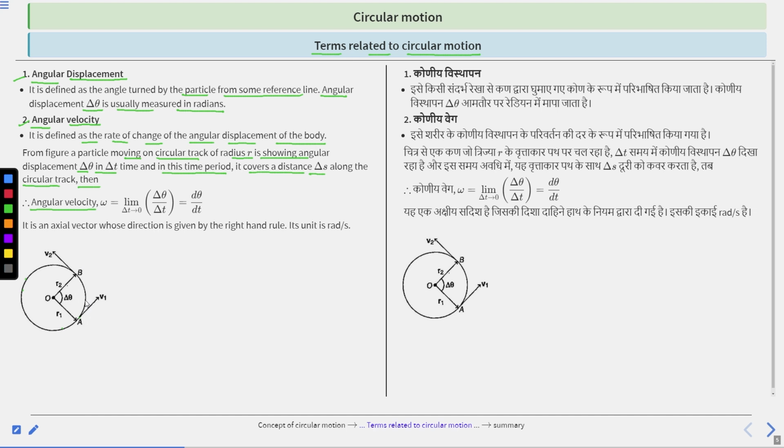Clear? And delta s is the distance. Clear? It is an axial vector whose direction is given by right hand rule and its unit is radian per second. Clear? So these are the terms related to circular motion.